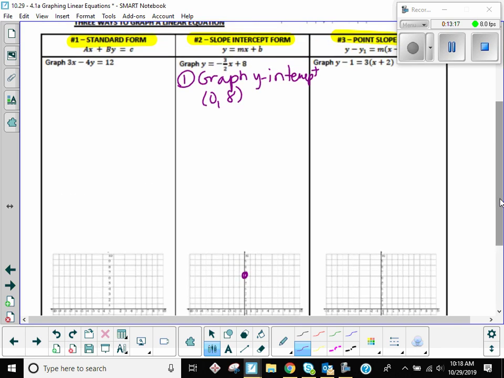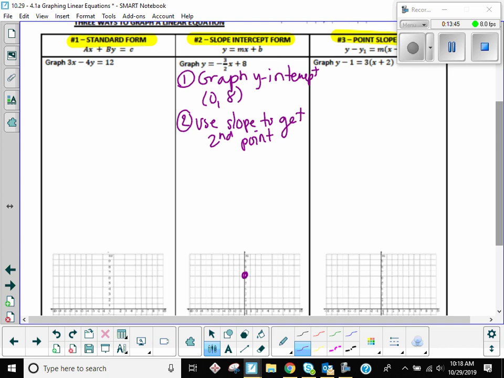And then the second step is to use slope to get your second point. The slope is whatever is in the place of the m.